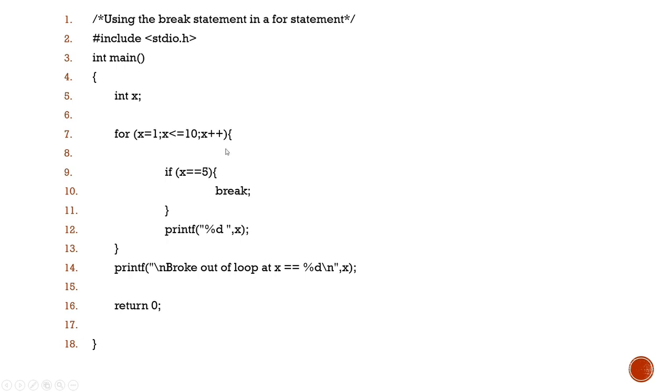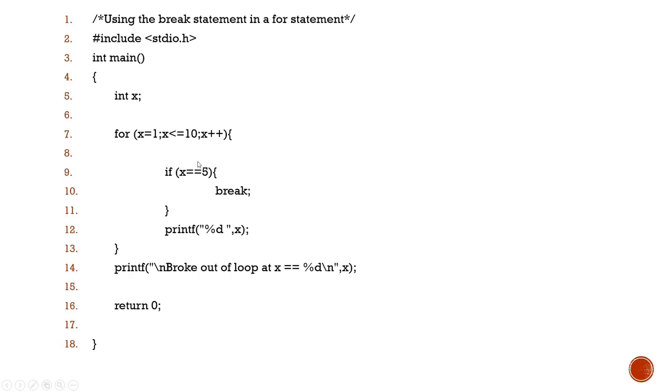Without the break statement, it will print the value of x, starting at 1 and ending at 10, so it will count 1, 2, 3, 4, 5, 6, 7, 8, 9, 10.